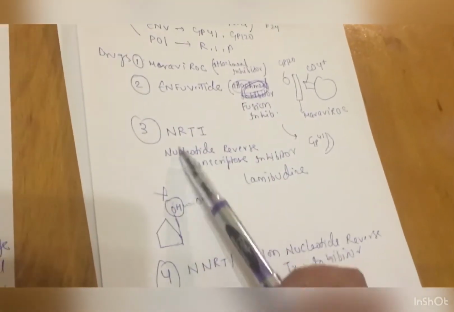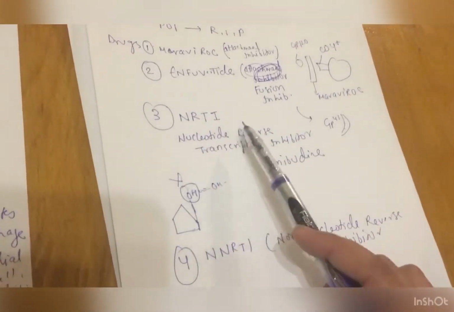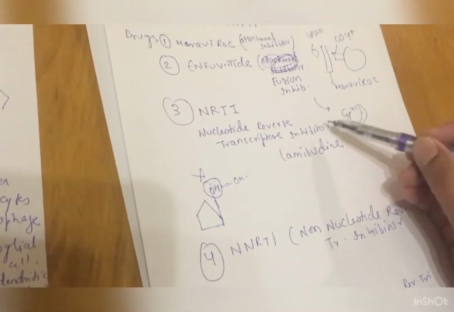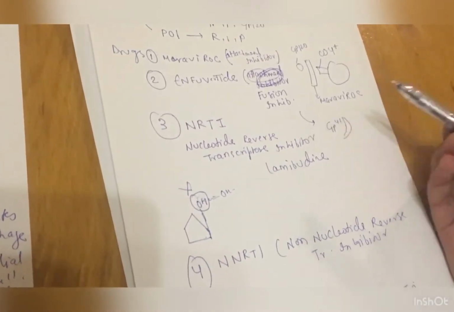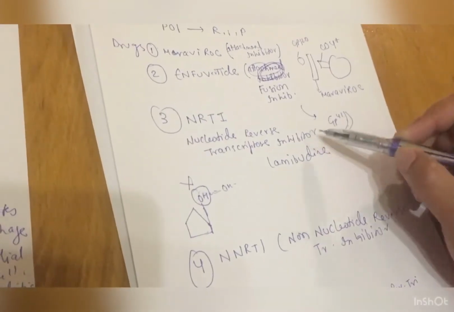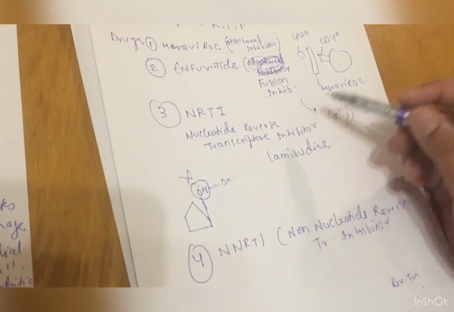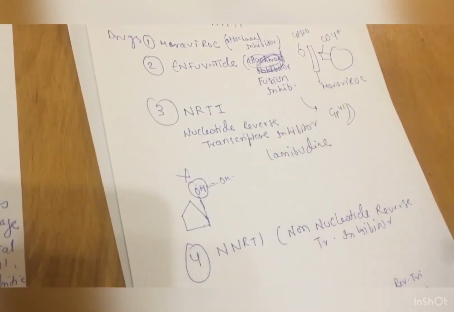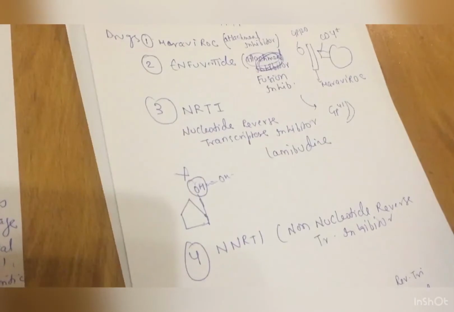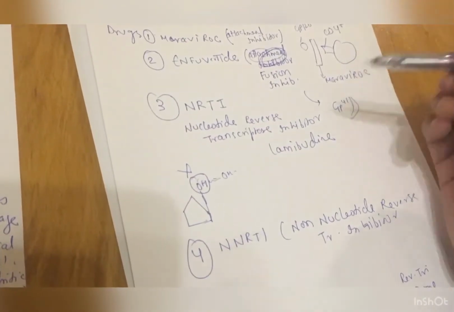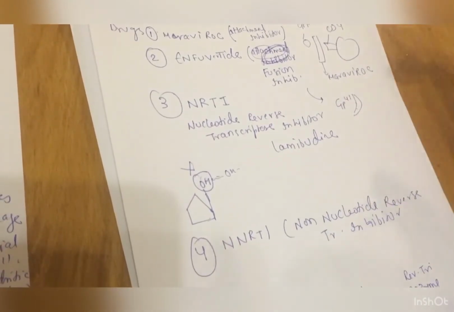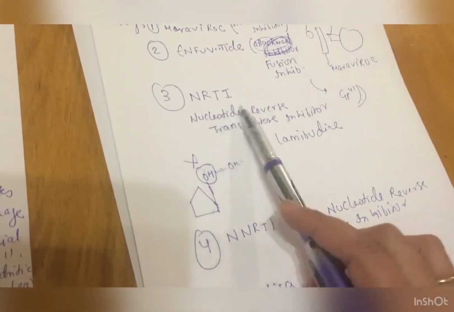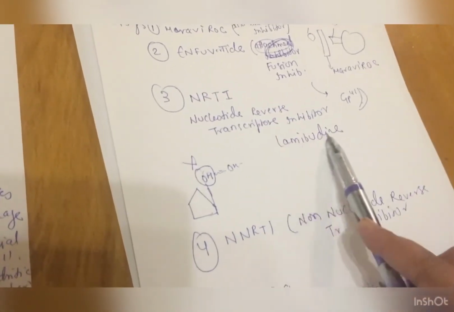The third drug is NRTI, nucleoside reverse transcriptase inhibitor. In this we give a pseudo nucleotide orally, with tablets, and the reverse transcriptase enzyme tries to make new DNA with the help of this pseudo nucleotide, and this process does not work. The name of this drug is lamivudine.